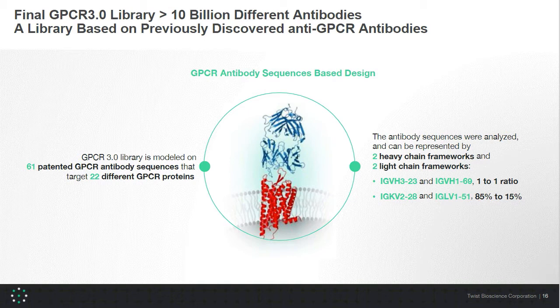So we mined the patent database and pulled over 61 different antibodies that bind 22 different targets, and they span a number of different germline heavy and light chain frameworks. We picked two from all those sequences, and basically created a library that starts with that design set with those particular germline scaffolds to create a fully human antibody library derived from those sequences.